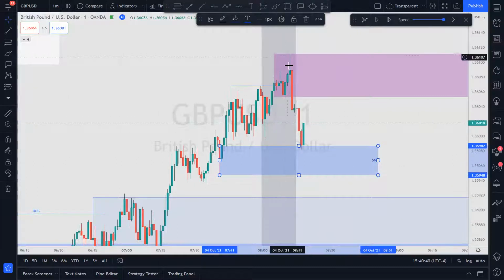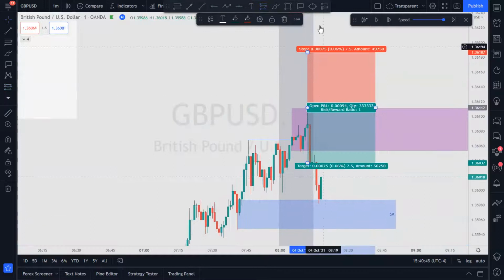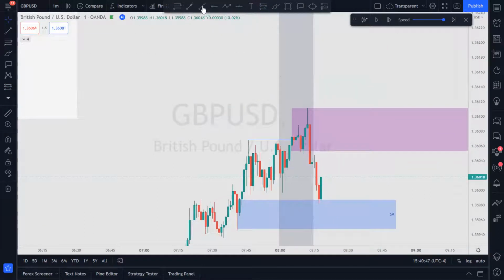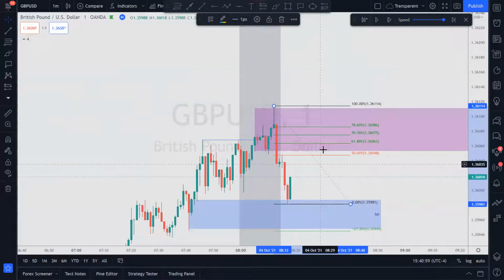All right. When you see a leg like this, you can easily take your fib out and you want to measure, and you want to make sure it comes past the 50% mark, because you don't want to mess with anything in that 50% area. 38, 27% pullbacks, you don't want anything to do with those.